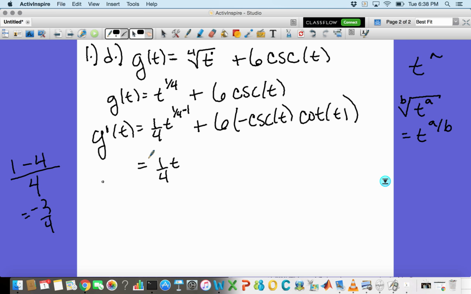And this is actually a trig identity. Off to the side here, we know that sine squared x plus cosine squared x equals 1. I'm interested in cosecant squared. I know that cosecant squared is 1 over sine squared, so I'm going to divide through by sine squared. I'm allowed to do that. I'm just dividing the entire equation by sine squared.